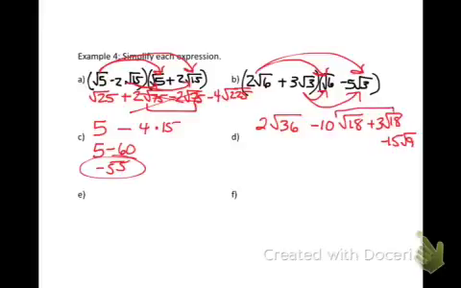I could bring the middles together, and I could break up the outer two numbers. So I'm going to make them different colors. So I have 2 times 6 for the outer, and then this would be negative 7 square root of 18, and this would be negative 15 times 3. So this would be 12, and I could break up square root of 18, but I'm going to bring over 15 times 3, which is 45.